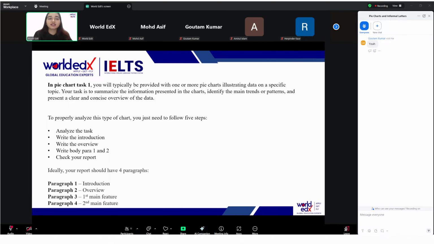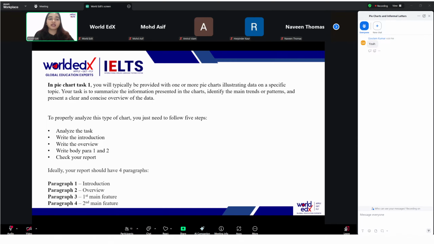It's a circular chart which is cut into multiple pieces. And then there's a comparison of expenditure, or if not expenditure, then it could be a comparison of consumption. So you basically have to compare the data and write accordingly.